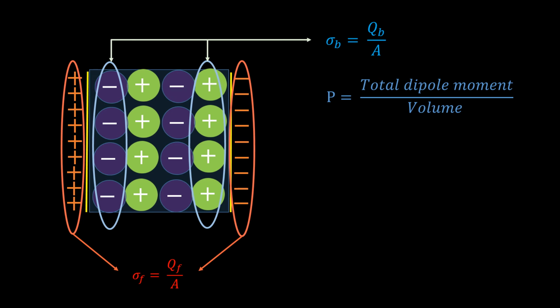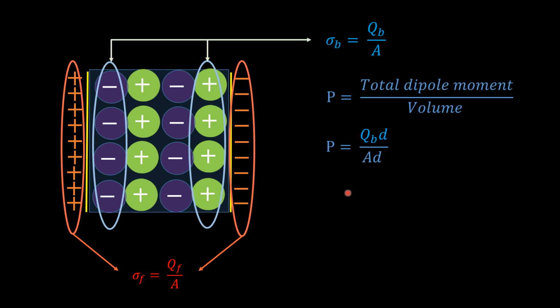We know that dipole moment is charge into separation. So if I am talking about the dielectric, how much is the charge? QB is the charge, and how much is the separation? Separation is the width of the dielectric. In this case, I have D, because the dielectric slab has width D. So I can say that QB on the left side and QB on the right side are separated by distance D.